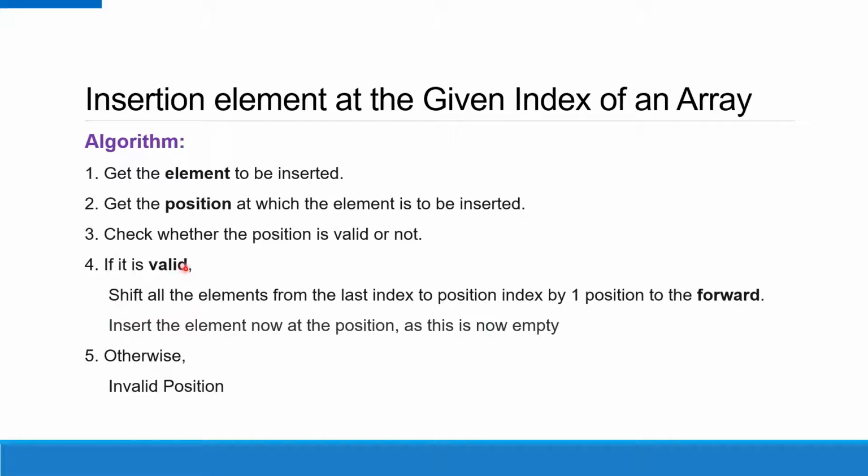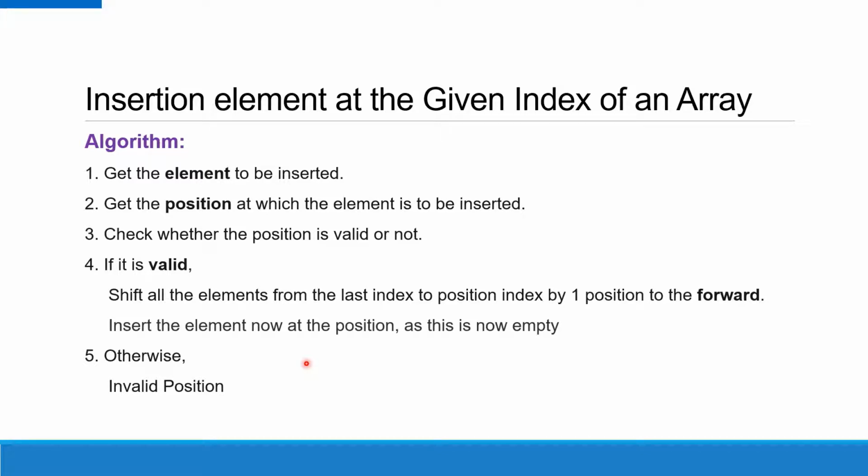If the position is valid, we have to right shift the elements, which means shift all the elements from the last index to the position index by one position forward.